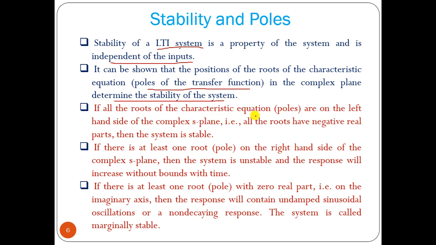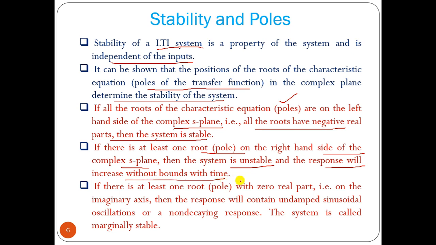If all the roots of the characteristic equation are on the left side of the complex S plane, that is all the roots have negative real parts, then the system is stable. If there is at least one root or pole on the right hand side of the S plane, then the system is unstable and the response will increase without bounds with time.